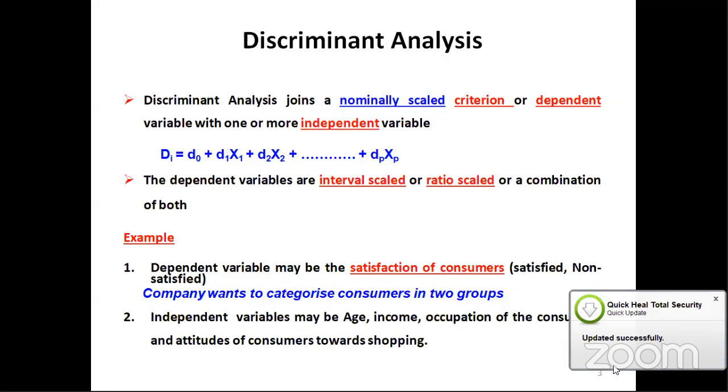So this is the major difference between multiple regression analysis and discriminant analysis. Multiple regression analysis is used when your dependent variable is taken using a ratio scale or interval scale, and if your dependent variable is taken using a nominal scale, in that situation we should go for discriminant analysis.